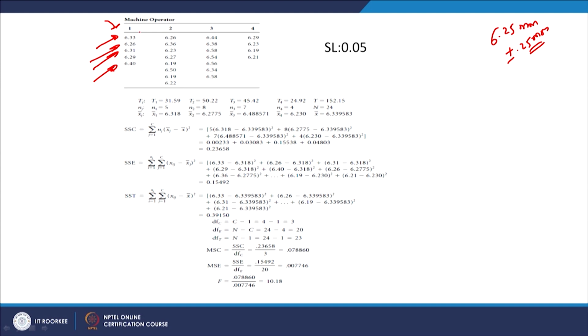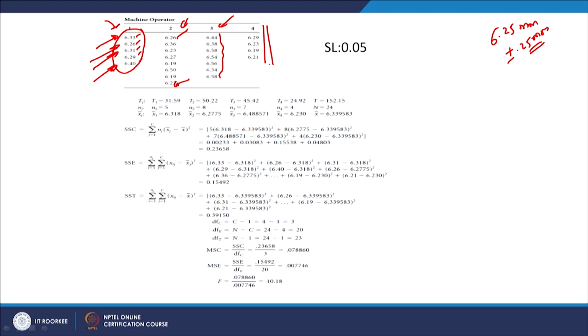So there are 1, 2, 3, 4, 5 holes made by operator 1 on the aluminum plate. Similarly, for operator 2, the first hole diameter is 6.26 and 6.22 is the diameter of the last hole. Similarly for the third operator, these are the diameters of the holes, and similarly for the fourth operator.